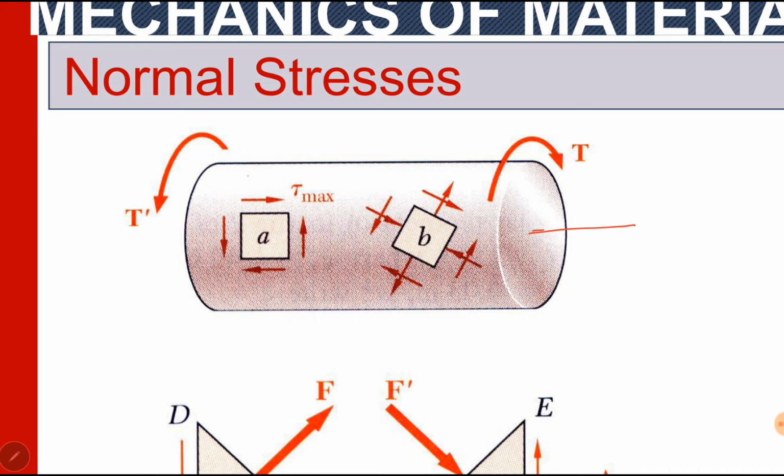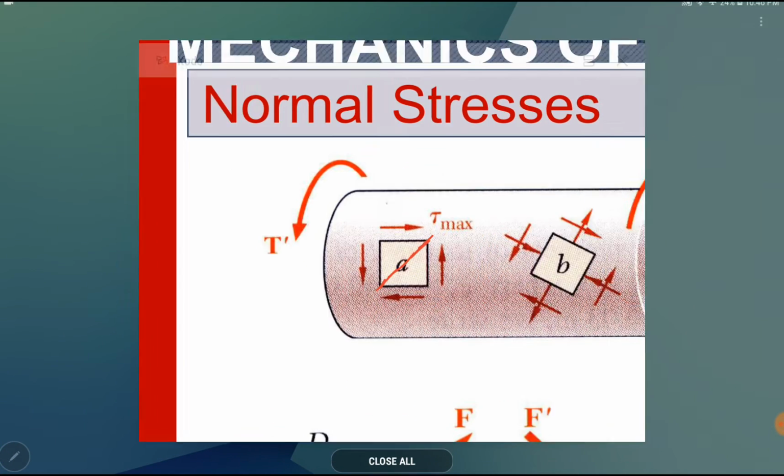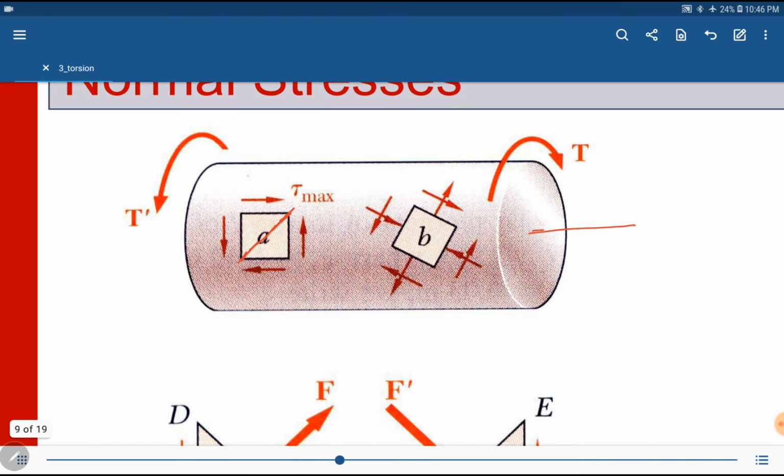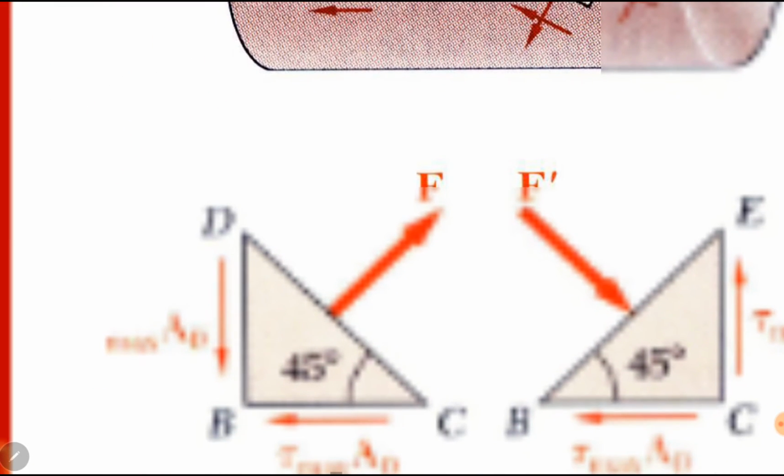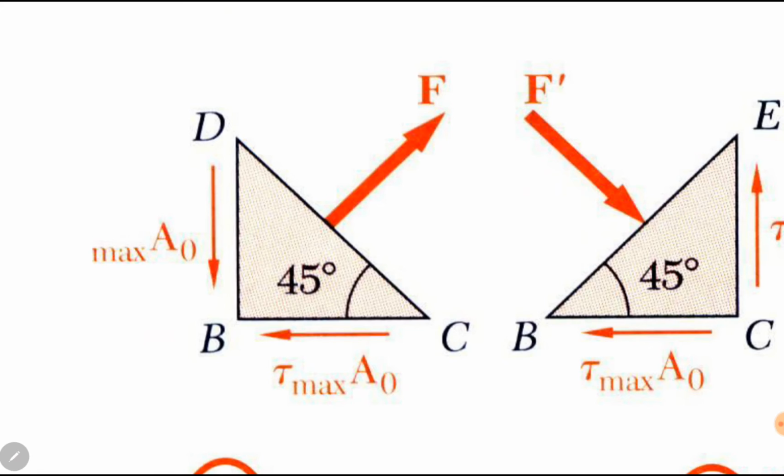So first, we assume a special case. I will intersect this element at a diagonal, and these angles are definitely 45 degrees. I will draw it here separately. 45 degrees, this one or this one.